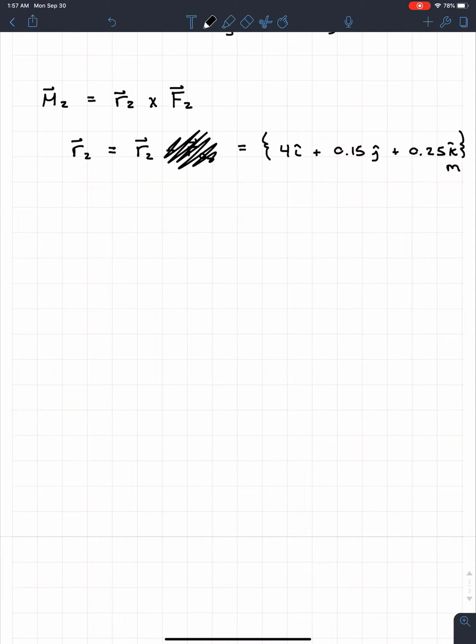So, just like before, we can solve for our matrix for the moment. So I'm just going to put equals, go down a couple lines. First row is always the I, the J, and the K. Second row, always going to be that position vector, so it's going to be 4, 0.15, and 0.25.